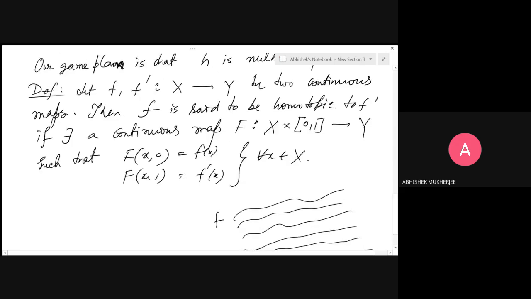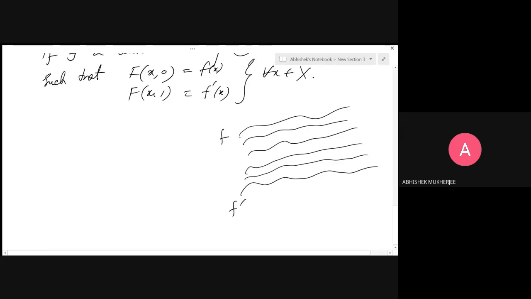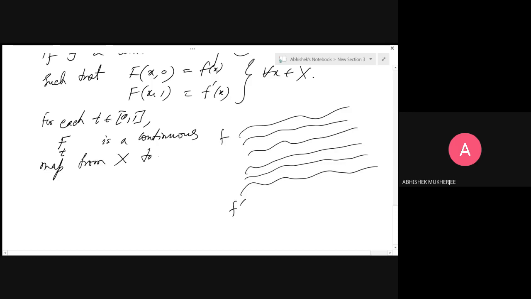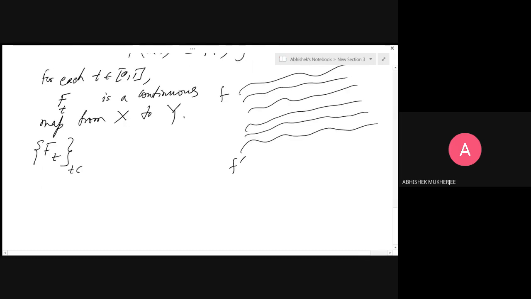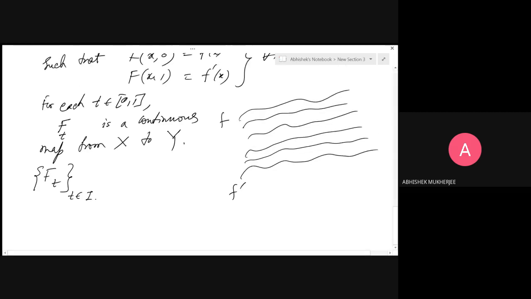That means capital F gives you a family of functions: for each t in [0,1], f_t is a continuous map from X to Y. If you regard t as time, then at time 0 the map is f, and at time 1 the map is f dash.